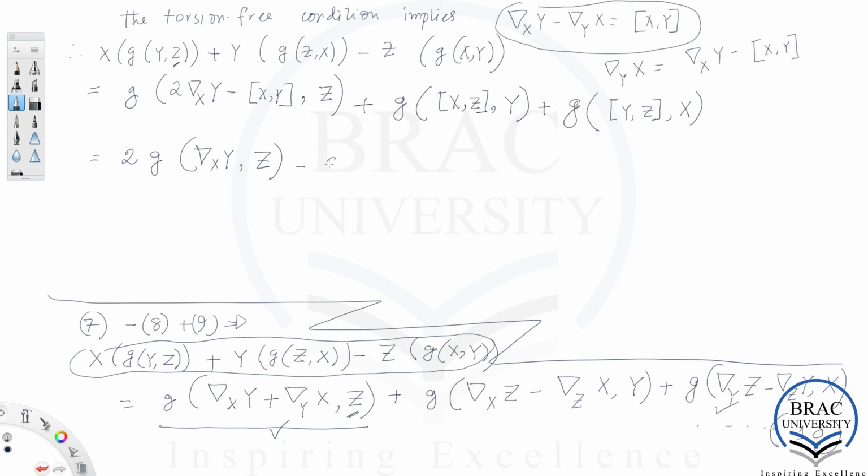We can write it as minus g of the commutator of x, y, comma z, minus g of z comma x. We had x comma z here, so we have minus g of the commutator of z, x comma y, and then finally we have plus g of the commutator of y, z comma x.